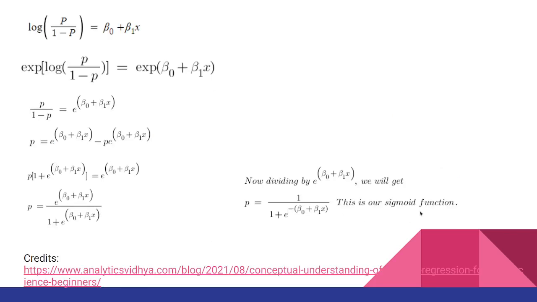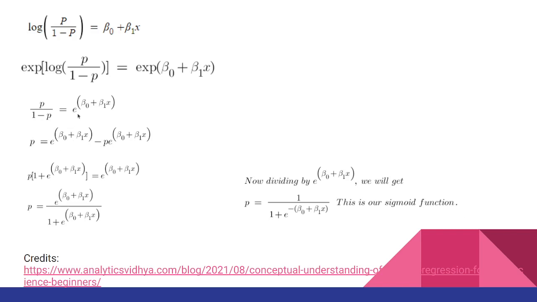Okay, sir. So basically, to find this, we are trying to find it based on the parameters. We take exponential on both sides, and exponential and log cancel each other. So here only p divided by 1 minus p, and here e to the power of beta 0 plus beta 1x. I hope until this it is very clear. Then if we multiply by 1 minus p, we get 1 minus p into e to the power beta 0 plus beta 1x. 1 into e is e, everything is the same here.